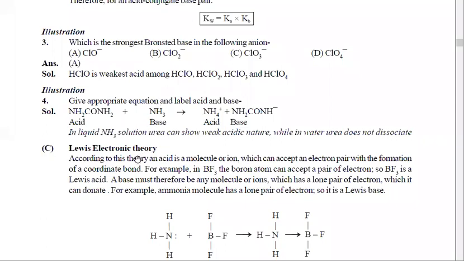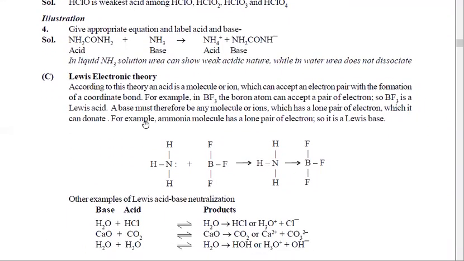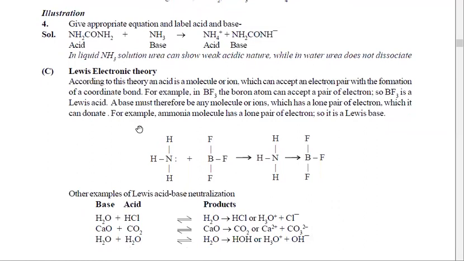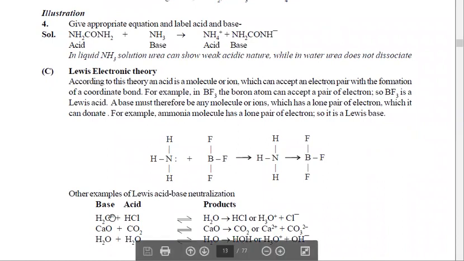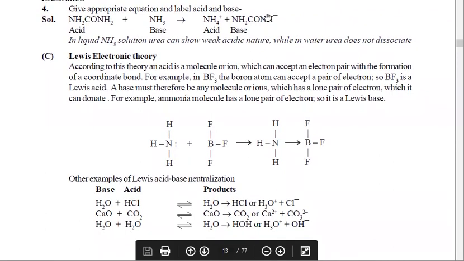The third is Lewis theory, which is based on lone pair electrons. Electron rich species, which can give electrons, are bases, and electron poor or electron deficient species are acids. I hope all of you remember this.